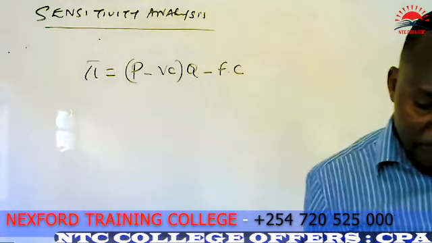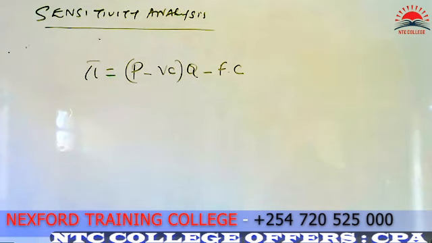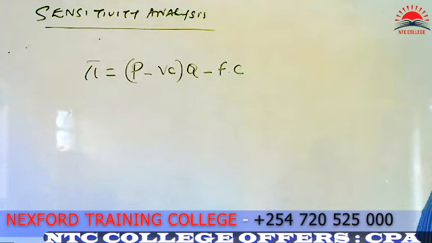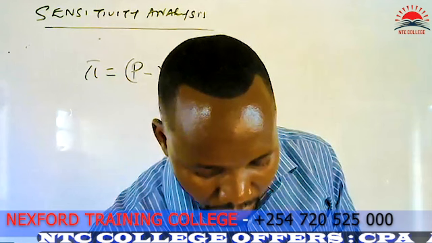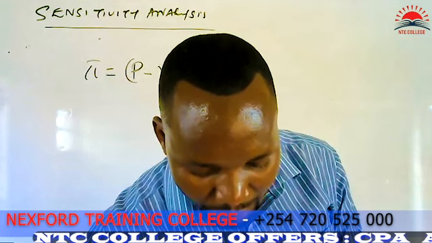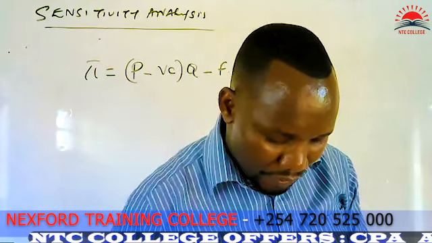If you have gotten here and understood, please let me know. Say proceed. If you want me to repeat, you can say. So the effect on NPV is due to a change in a given variable, holding other factors constant.